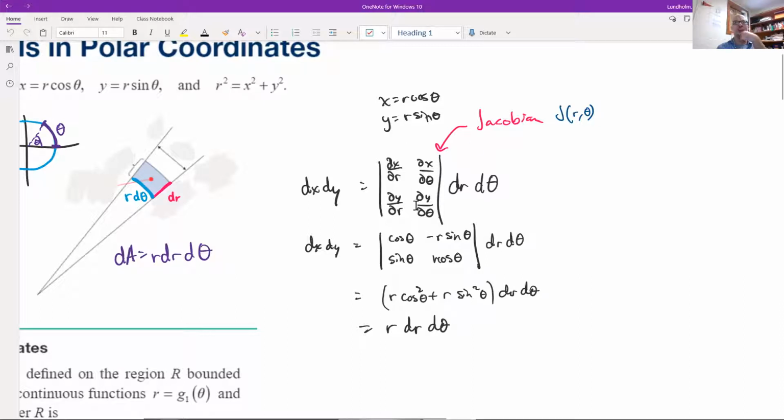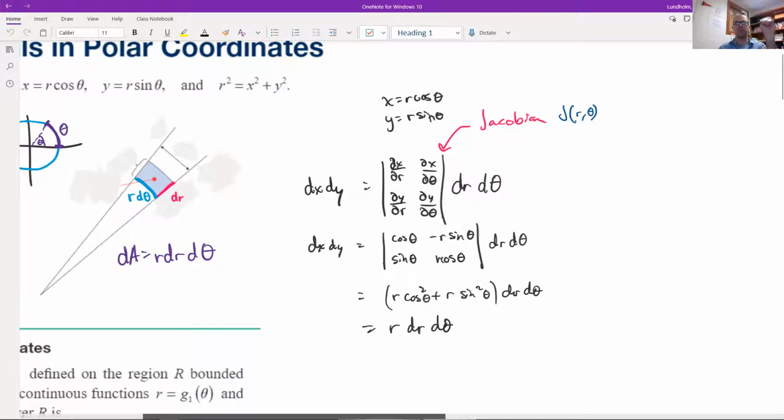This is a Jacobian way, where we're taking the determinant of this matrix that's filled with a bunch of partial derivatives, and it works out so that cosine squared plus sine squared is just 1, and we're left with r dr d theta as being equal to dx dy when we're using these functions to translate from one coordinate system to the other. It's got some chain rule vibes to it too. Okay.